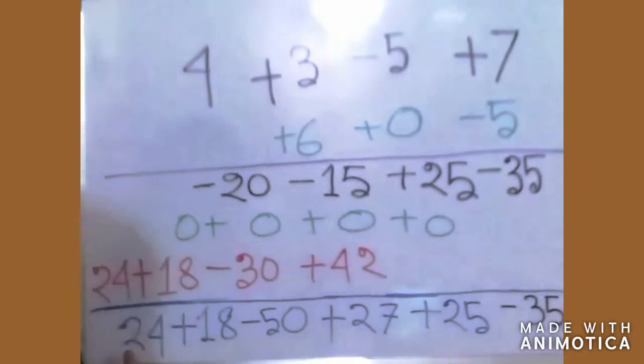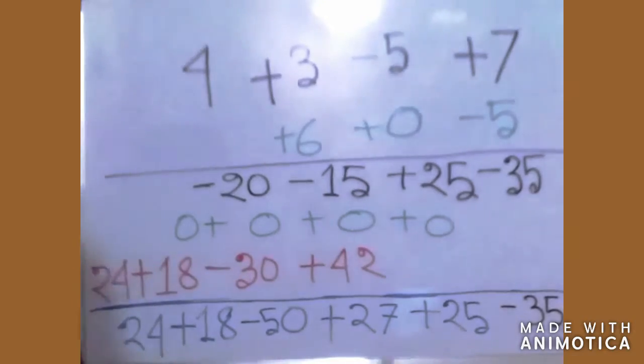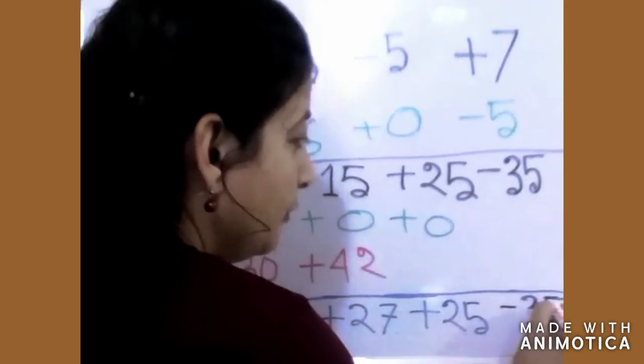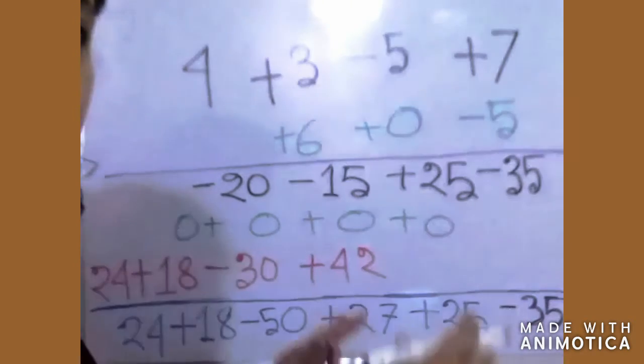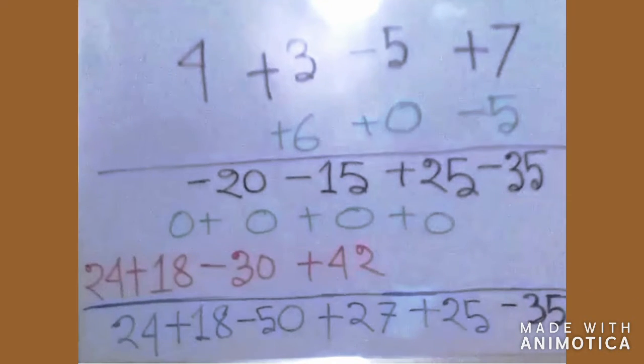So now, this is the product of coefficients, the two polynomials' coefficients. Now we will join the variables with these coefficients. We must be careful about one thing: the coefficients of similar terms must be in the same column.